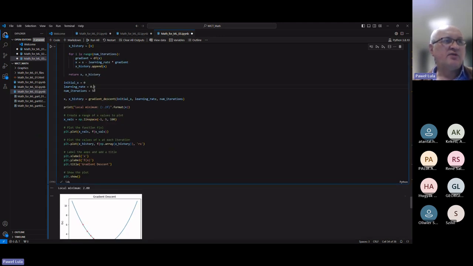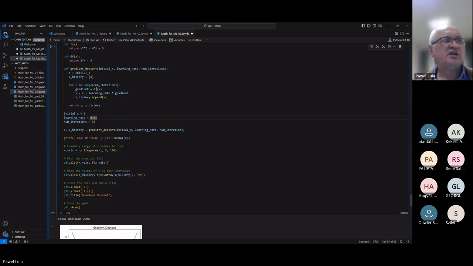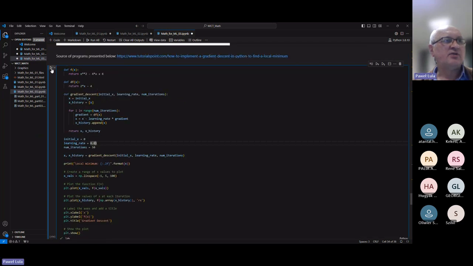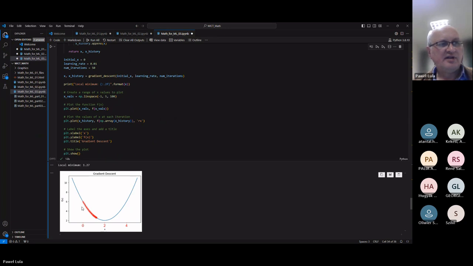But we can check what will happen if I change this eta value. Now we check. The number of iterations was not sufficient. So we have not reached this minimum value. The algorithm stopped.